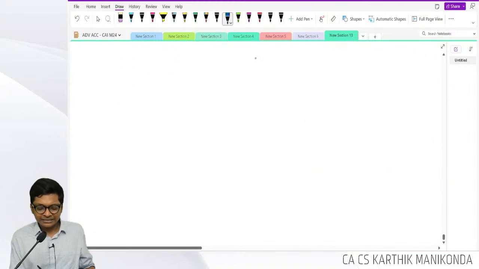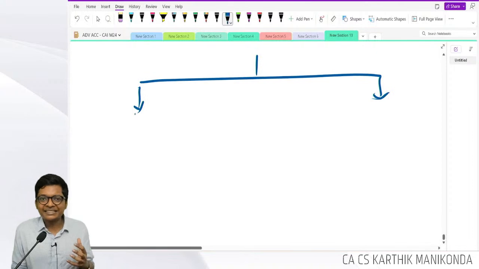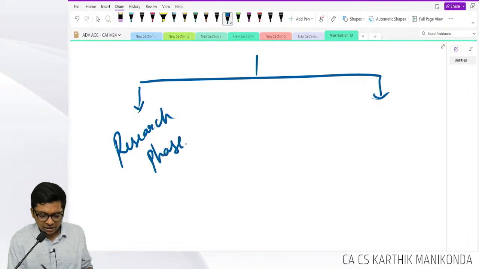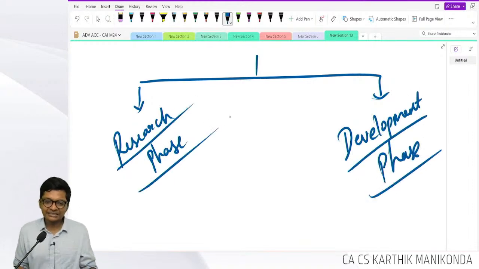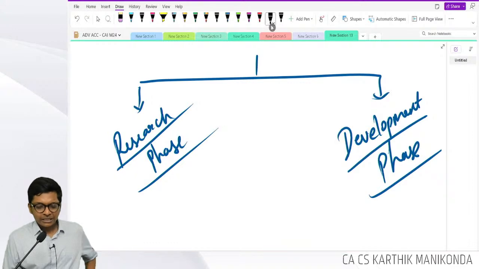For that, they are saying classify the activities in building an intangible asset into research phase or development phase. Again, guys, classify the activities into research and development phase.